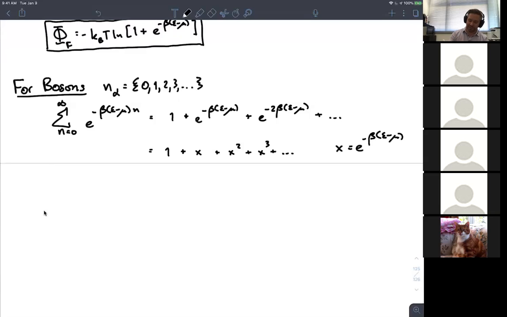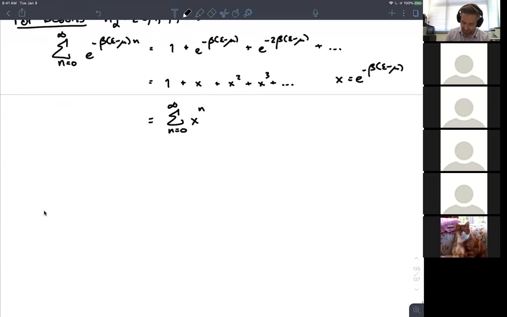In other words, our sum here is equal to the sum from n equals 0 to infinity of x to the n. Okay, we know how to do that. You can look that up in your math book, and smart people across the spans of time have figured out what this sum is equal to. And what this sum is equal to is simply 1 over 1 minus x.